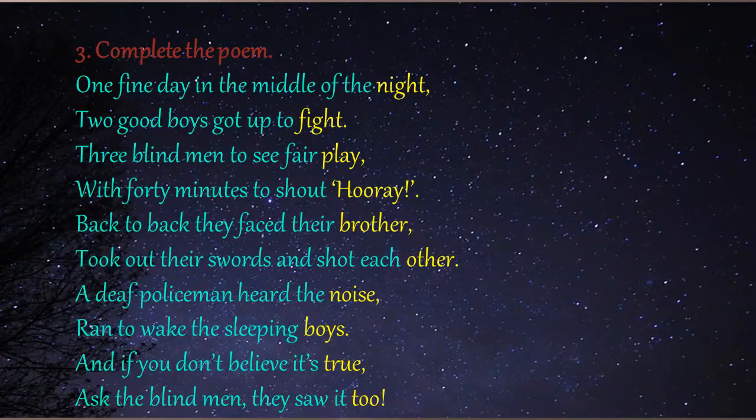Students, it's an anonymous poem. We don't know the name of the writer and it's a folk poem. So in the middle of the night, good boys got up to fight and 3 blind men to see the fair play. Students, can blind people see anything? There's no concept of seeing for this person.